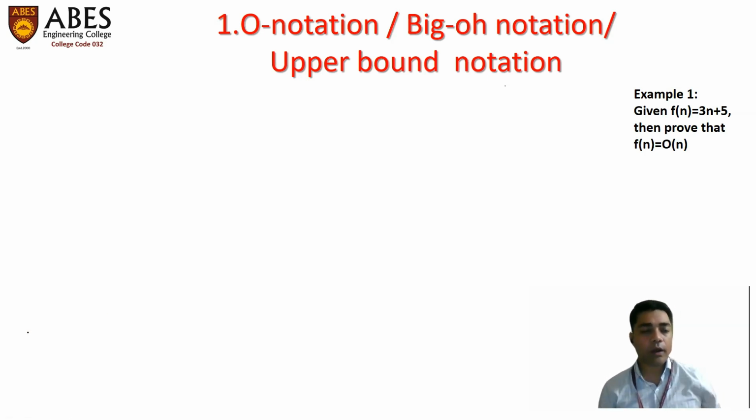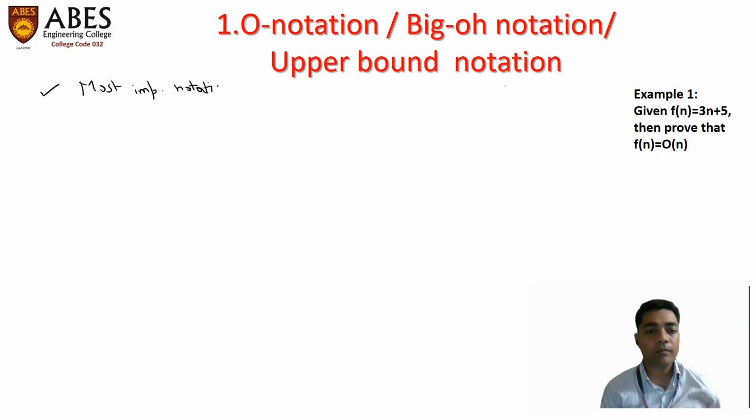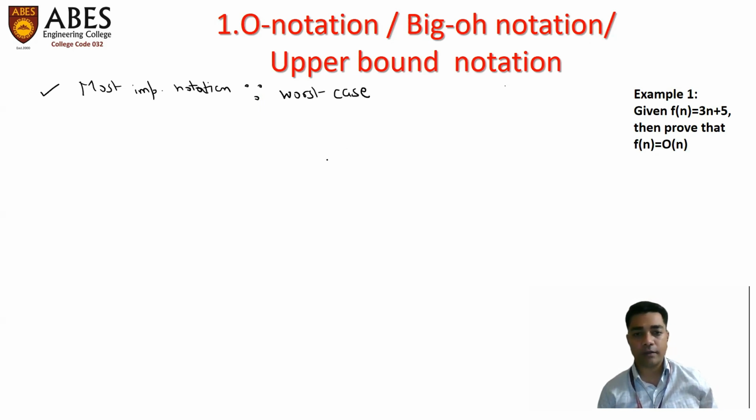What do we want to achieve in big O notation? The big O notation is the most important notation. Why is it the most important notation? Because by big O notation we represent the worst case, and we are always interested in the worst case.